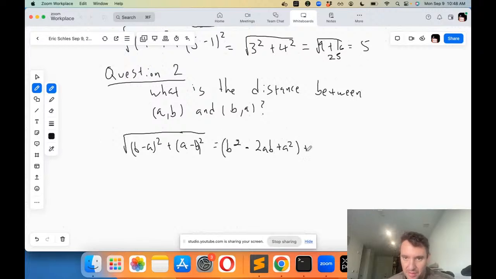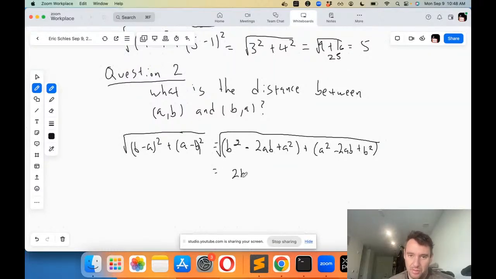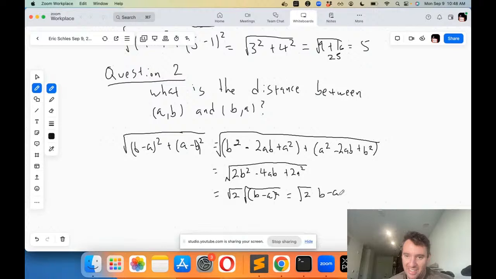That's the first term, plus A squared minus 2AB plus B squared, and we take the square root of that. We can add up some terms: 2B squared minus 4AB plus 2A squared. Taking the square root, we can pull out a square root of 2, and we end up with (B minus A) squared, and taking the square root, this is equal to the square root of 2 times the absolute value of B minus A.